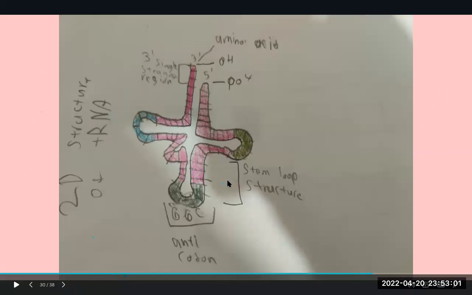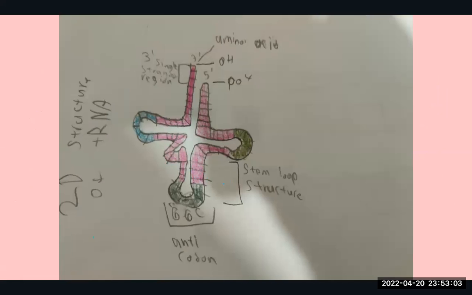So here is a tRNA structure, and basically the tRNA, also known as the transfer RNA, is a structural RNA molecule that is transcribed from genes by RNA polymerase III. They serve as adapters. Specific tRNA molecules bind to sequences on the mRNA template and add the corresponding amino acid to the polypeptide chain.